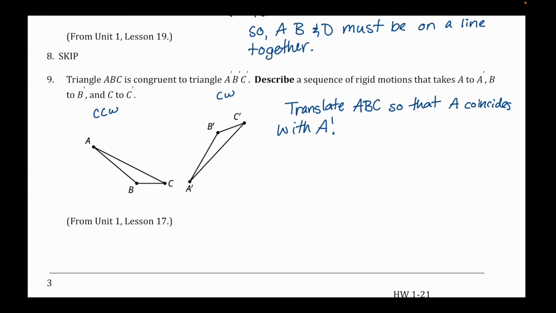And then, now that we have A matching up, we're either going to choose B or C to rotate until they match. That will make one of our lines actually match, and then we are going to reflect across that line.